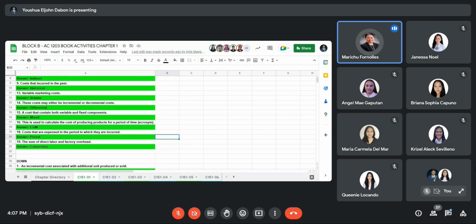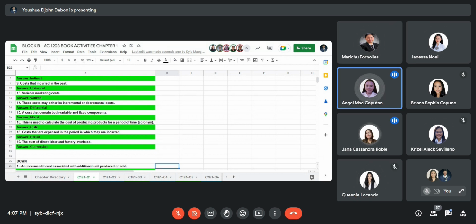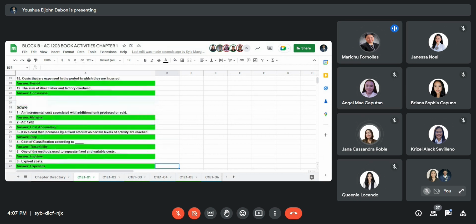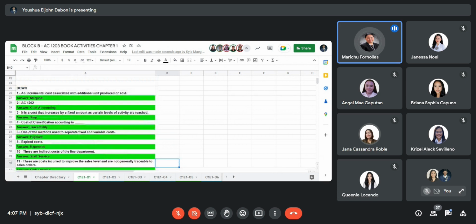Next is 18, period. Then 19 is conversion. Correct. Okay, downwards. Number 1 is marginal.